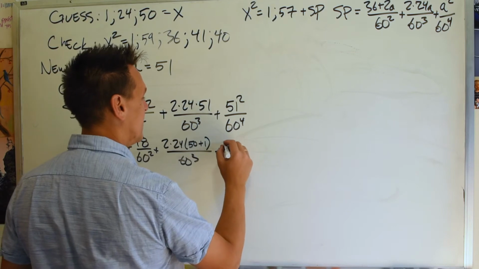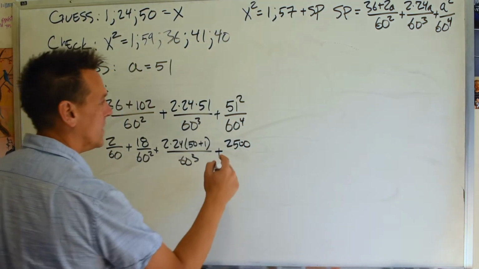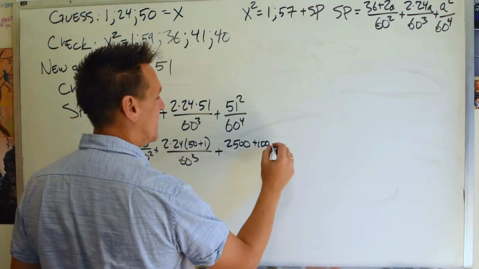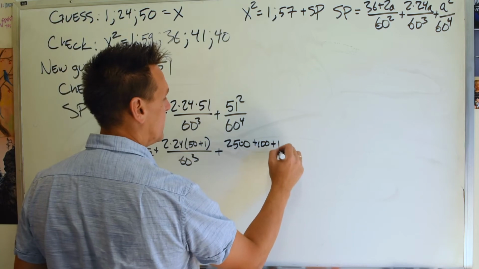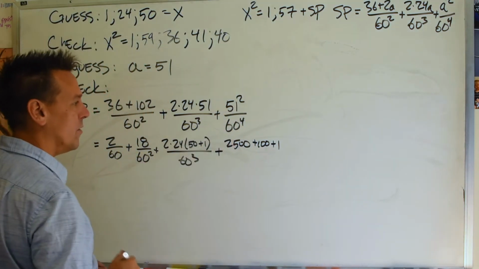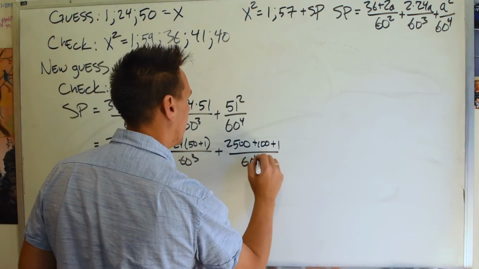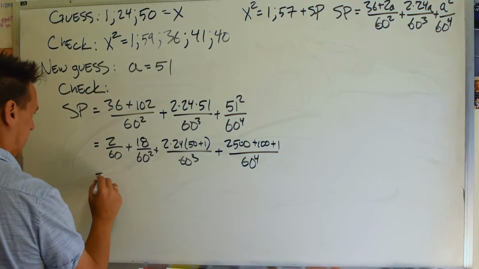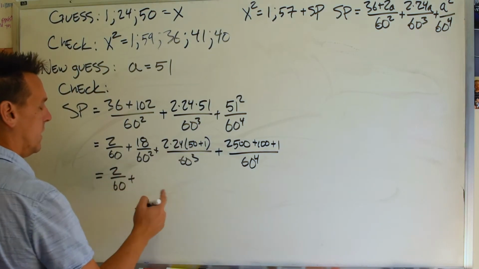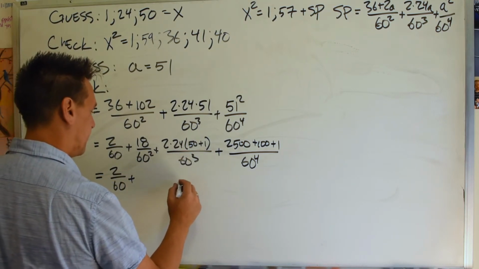And then this is going to be 2,500, and then plus 100 for the 2 middle terms of 50, and plus 1 on the end. If you can imagine foiling out 50 plus 1 squared. Two over 60, and then what are we going to get here?